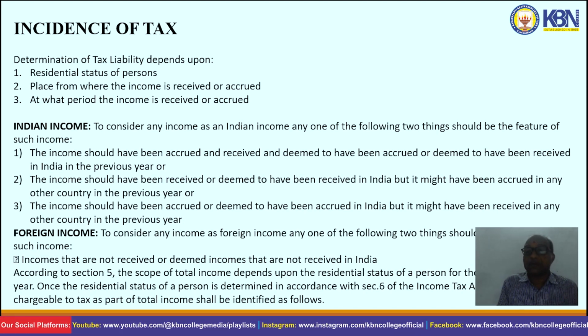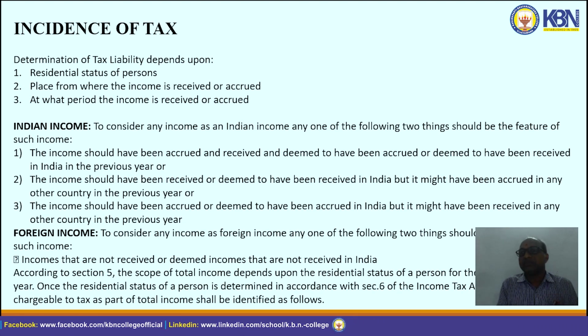There is an exception to the foreign income. If both the incidents occur outside India and such income is derived from a business or profession set up in India or controlled from India, such income is taxable in case of resident and not ordinarily resident category.